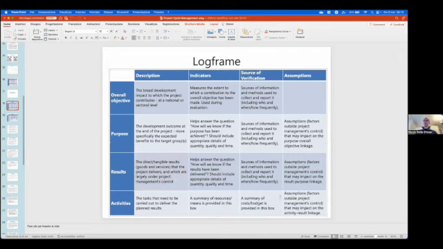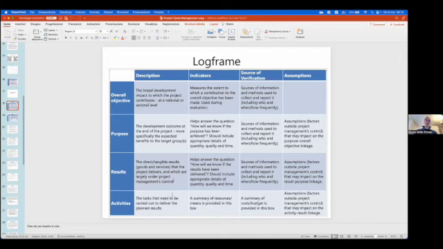So it is all those conditions which normally in the log frame are formulated as positive conditions, that together with our activities allow the project to realize the results.